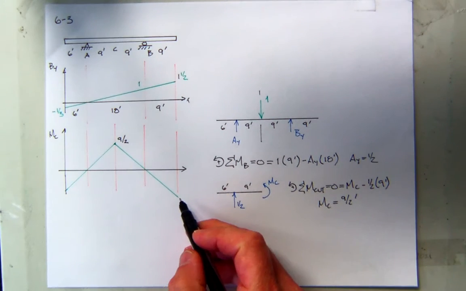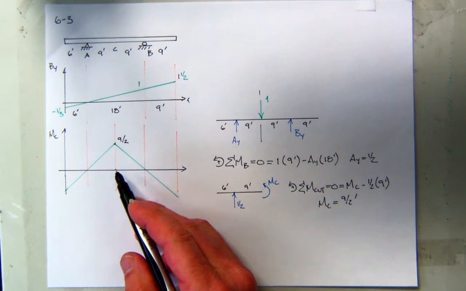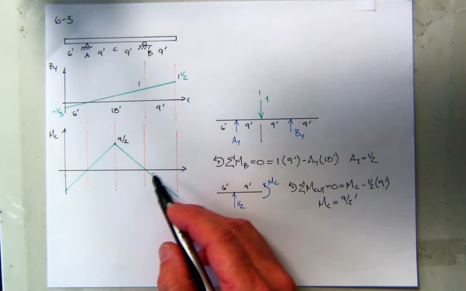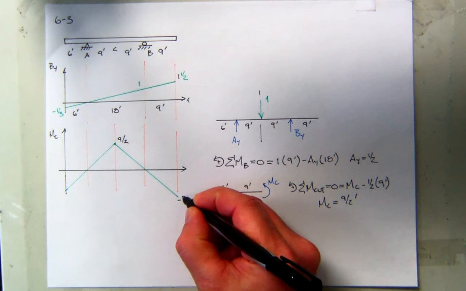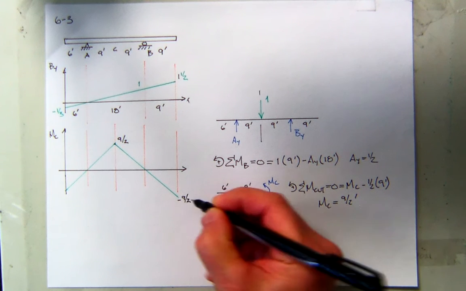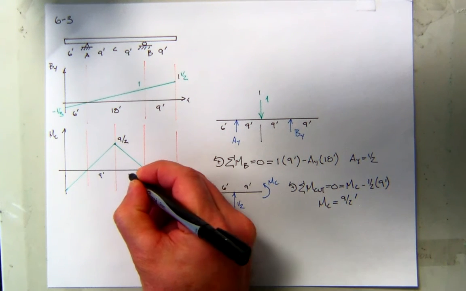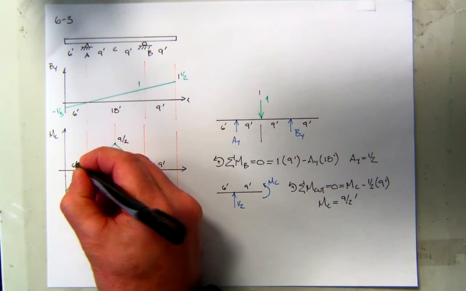So what's this value right here? Well, this 9/2 is to this distance, which is 9, as this is to this distance, which is also 9. So that makes this negative 9/2. Now here's a little different because this is 9, 9, 9, 6.